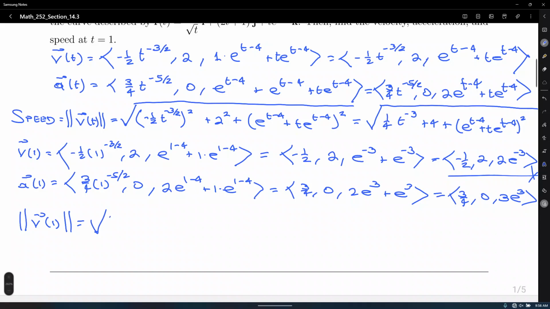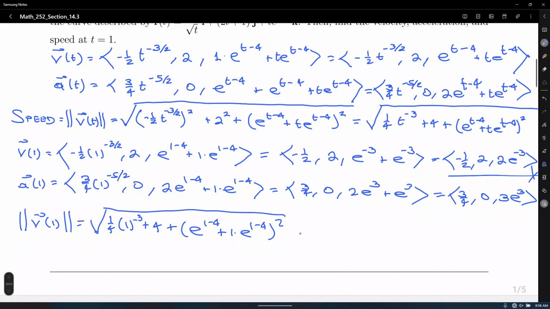That is 1/4 times 1 to the negative 3 plus 4 plus e to the 1 minus 4 plus 1 times e to the 1 minus 4, and then squared. No, don't square the binomial. Do the inside of the parentheses and then square.